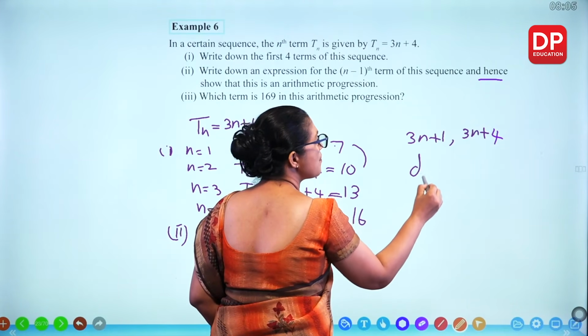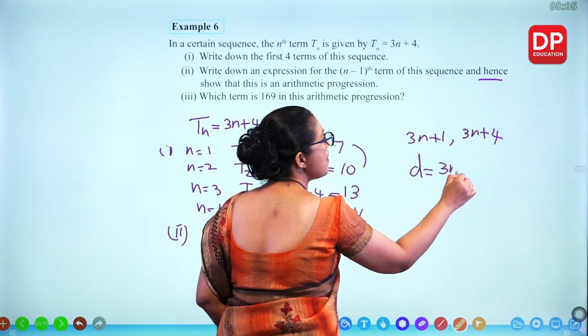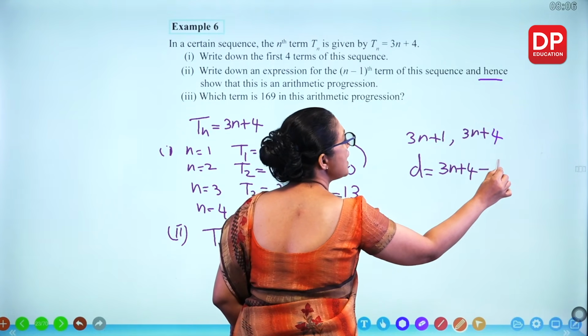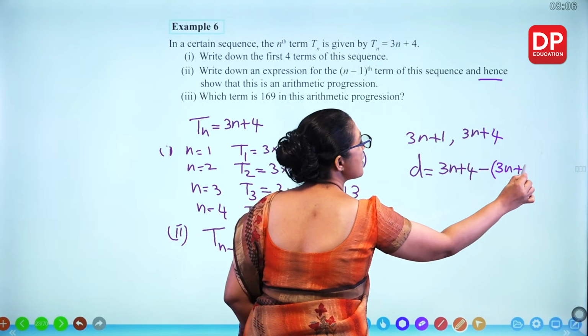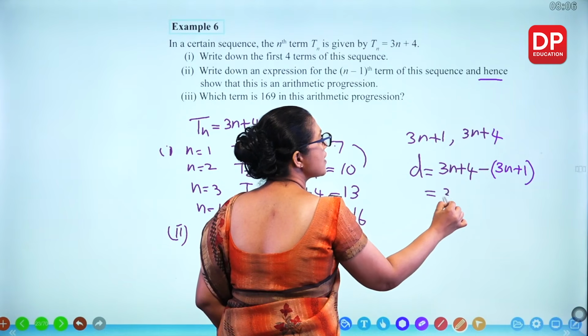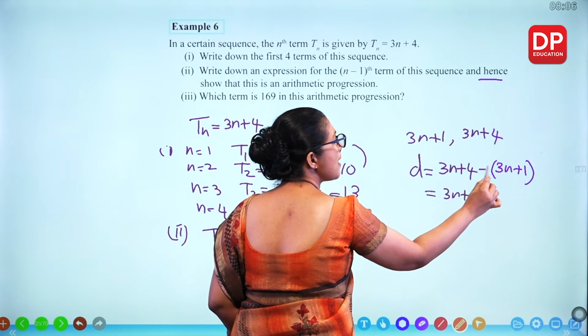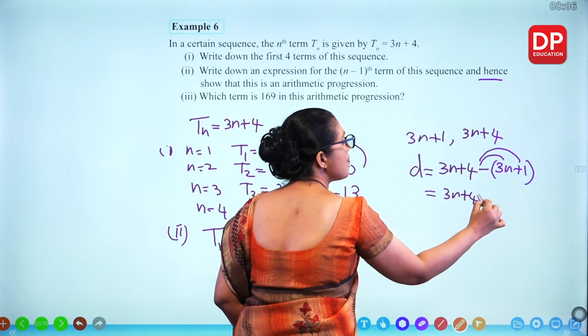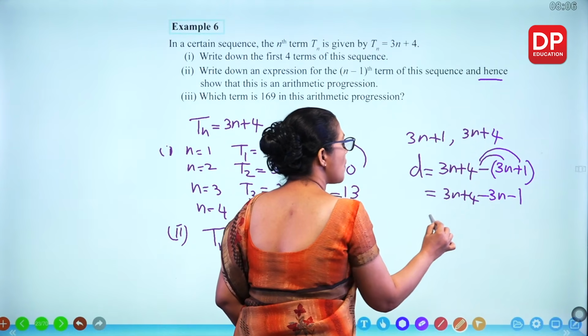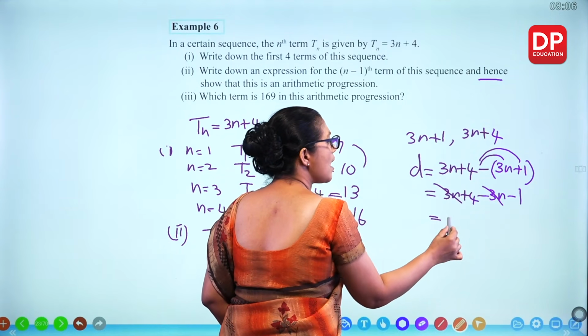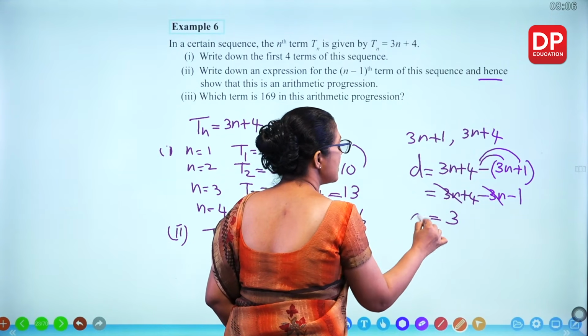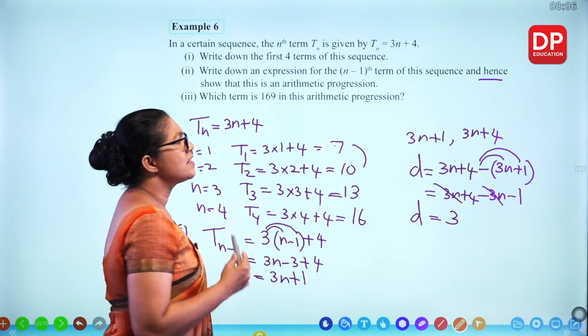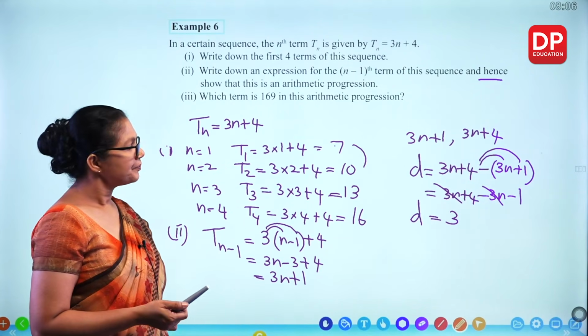D becomes 3n plus 4 minus, in brackets, 3n plus 1. Expand the brackets first, multiplying by the negative: minus 3n and minus 1. The 3n cancels out, and 4 minus 1 is 3. So the difference is 3.